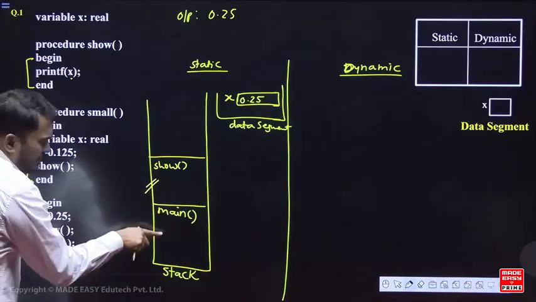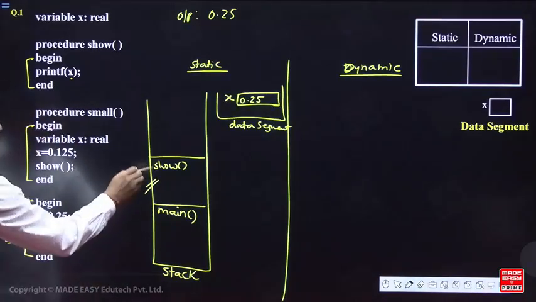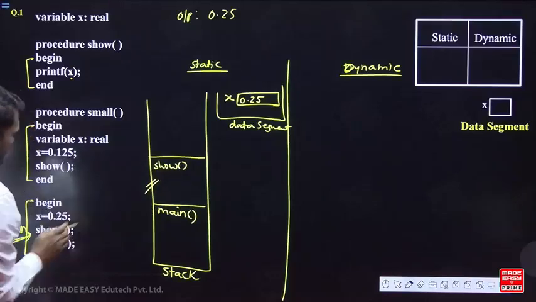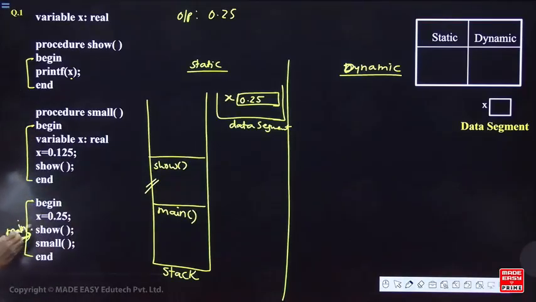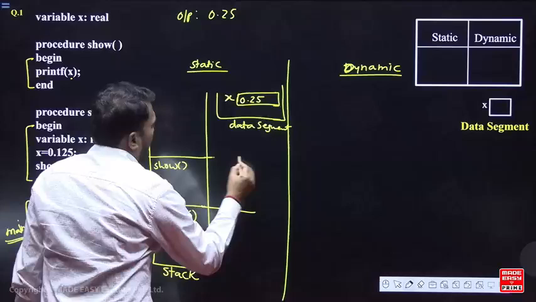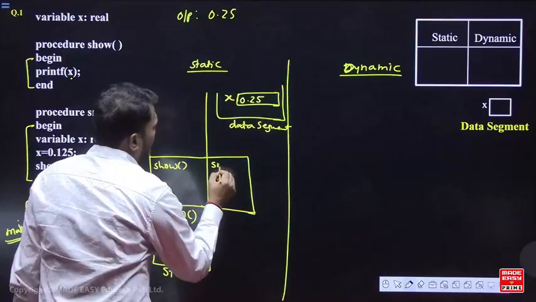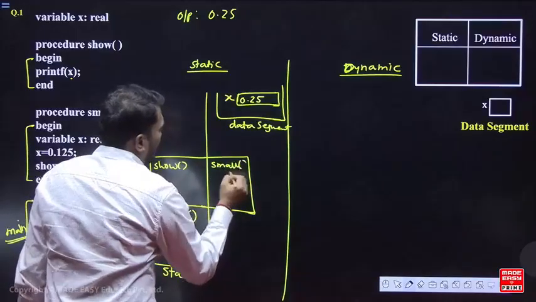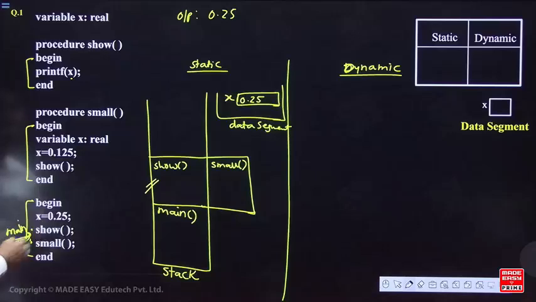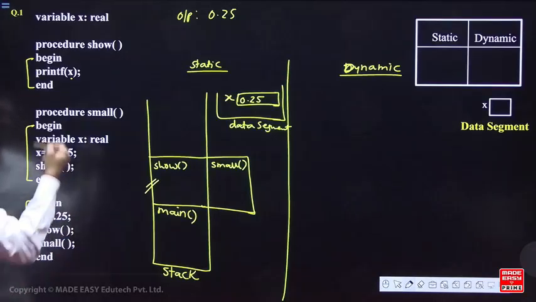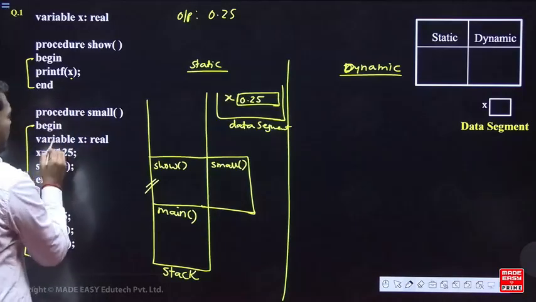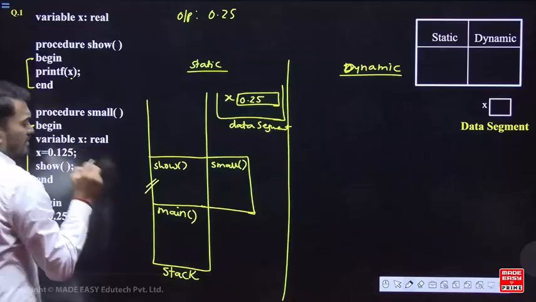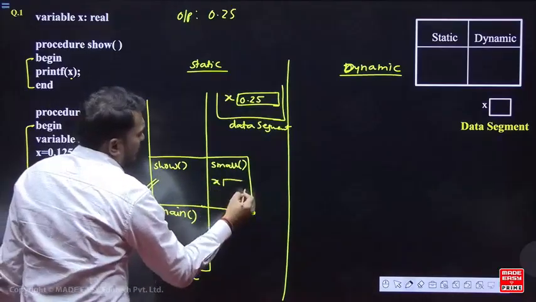Go back to the previous calling function. Who called the show function? Main. Next you need to call the small function. When you call it, the small function will be pushed into the stack. Coming here, x real is a declaration, so x is a local variable here.